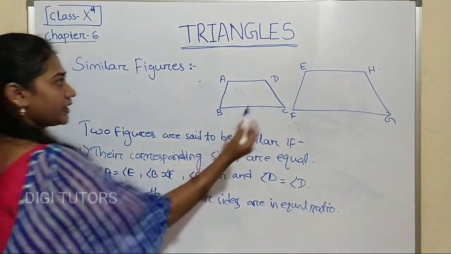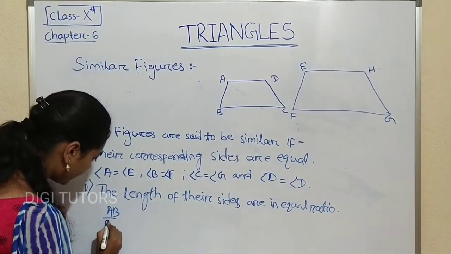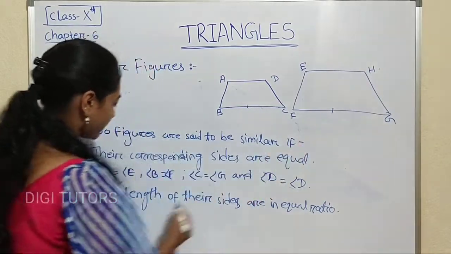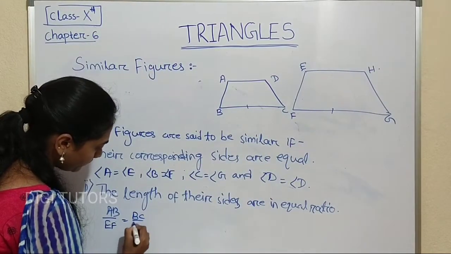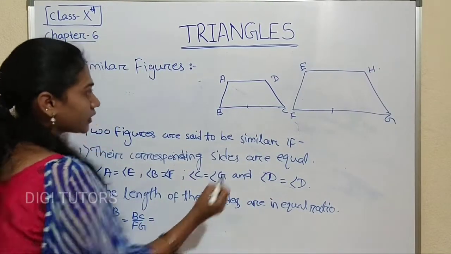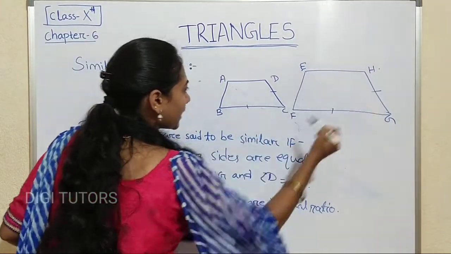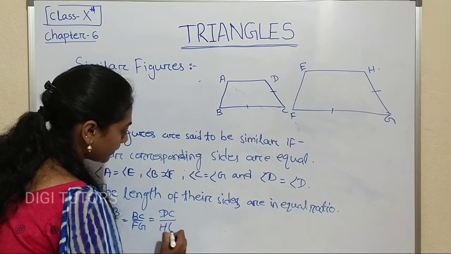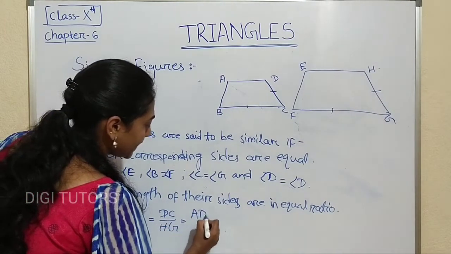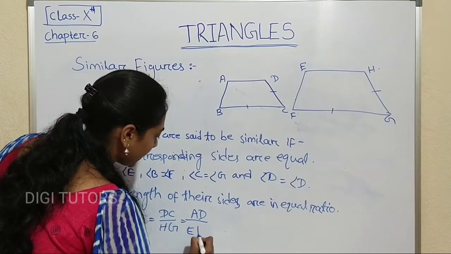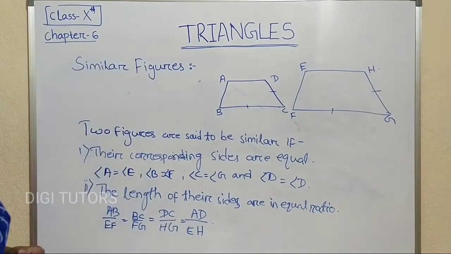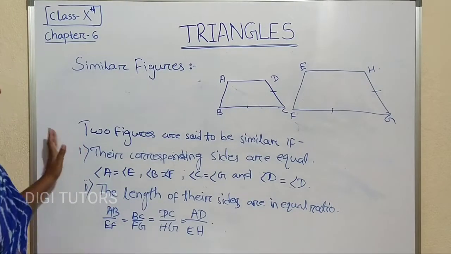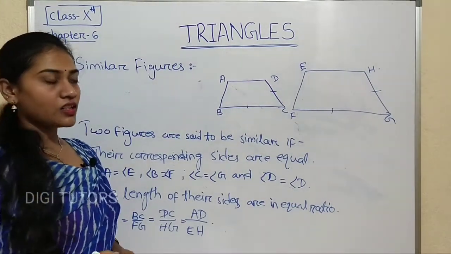AB by EF is equal to BC by FG is equal to CD by GH is equal to AD by EH. So these are the criteria by which we can see whether two figures are similar or not.